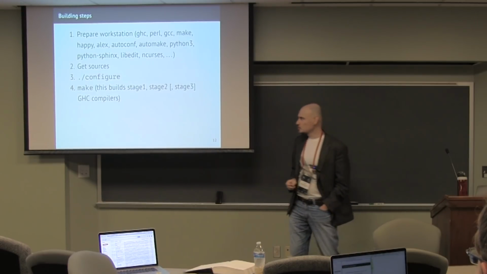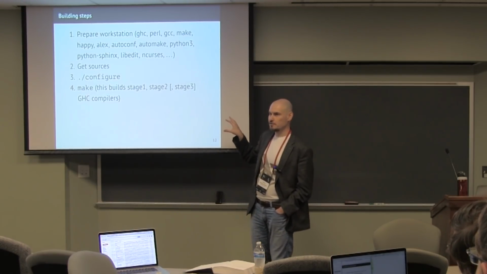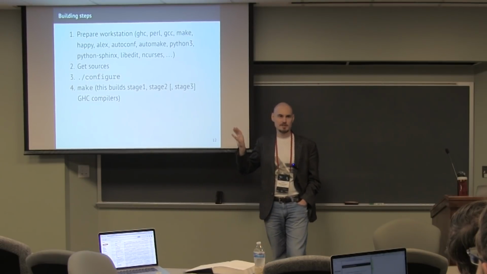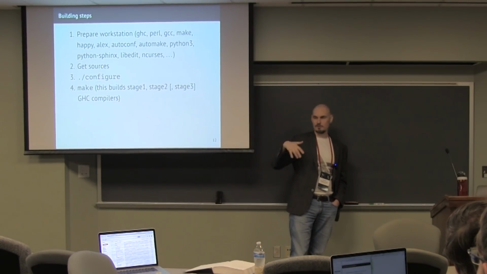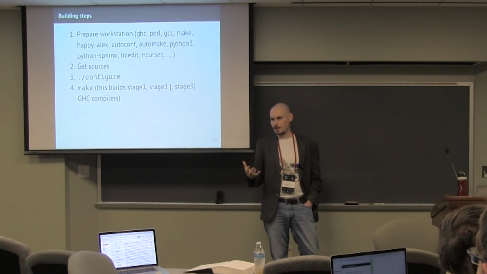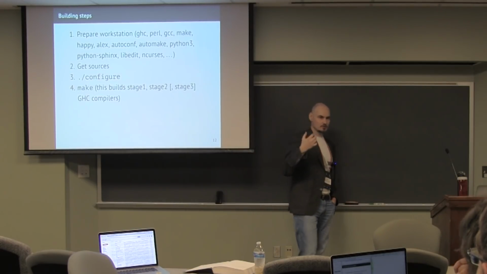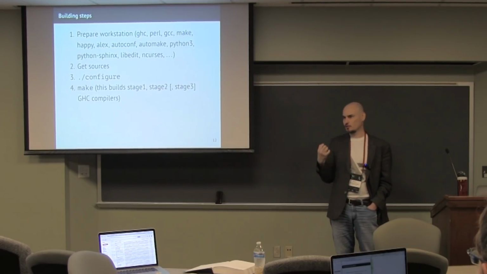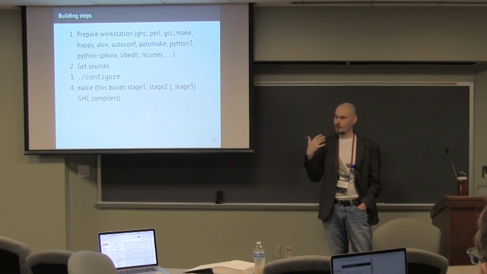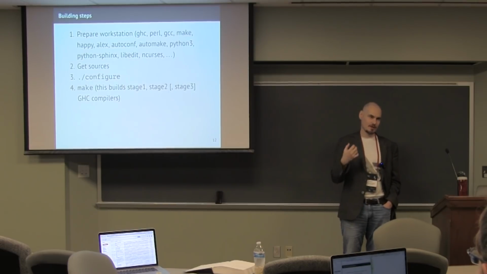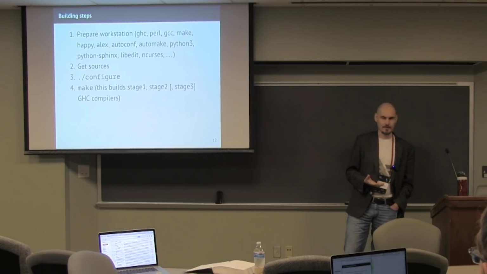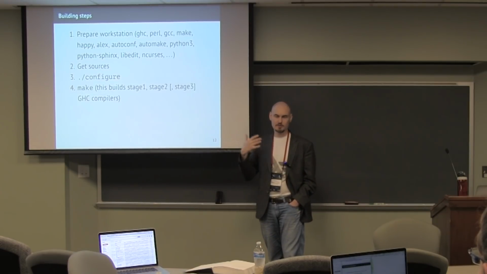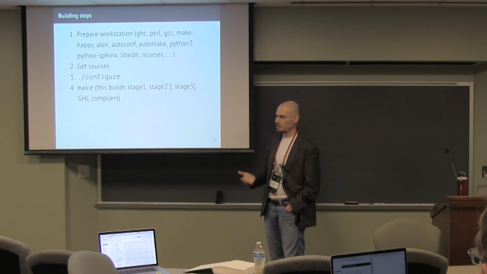Then sometimes you will need to build a stage 3 compiler. Stage 3 is normally used for testing. So if you have the stage 2 compiler, then you can run it to check if everything works okay. You just try to compile the whole compiler with it, and then you get the stage 3 compiler. Sometimes it is used for checking optimization things and something like that.